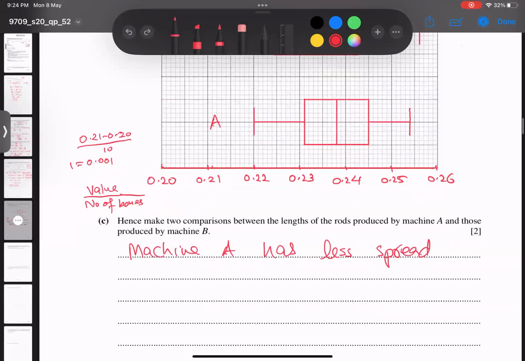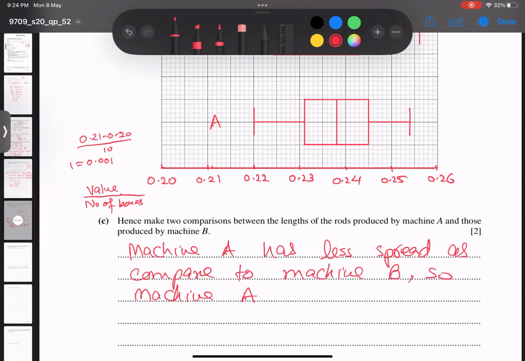Less spread means more consistent, as compared to machine B. So machine A is more consistent.